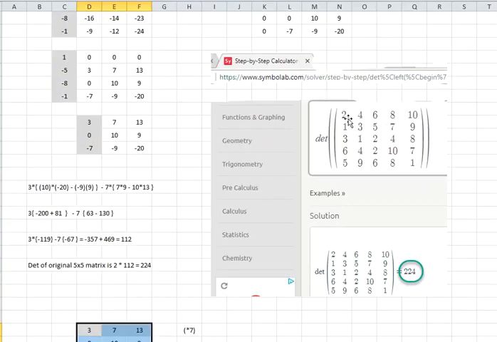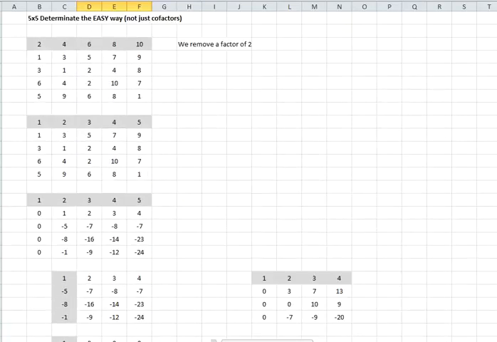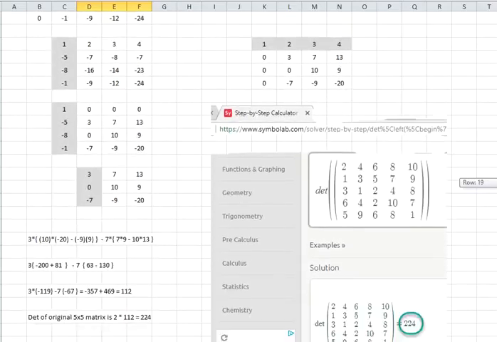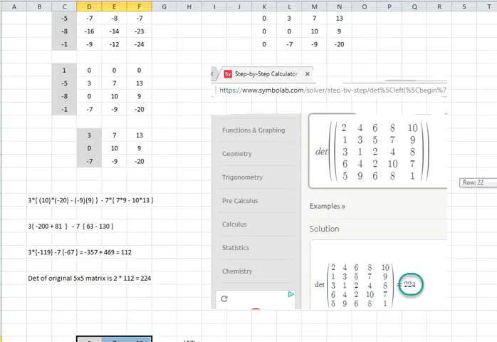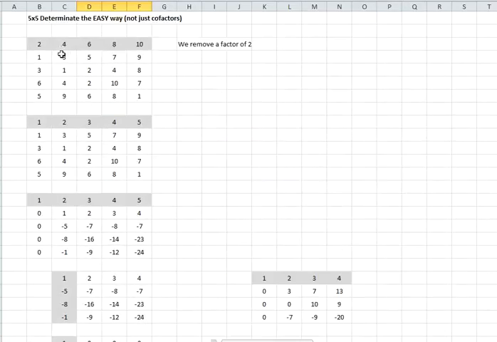So to sum up, the determinant of the original matrix is 212. And just for a quick review, I wanted the determinant of the original matrix, which did I say 212? The determinant of the original matrix is 224, excuse me. We know that now. I pulled the 2 out, so the determinant is going to be 2 times whatever the determinant of this is. I swept out this column.